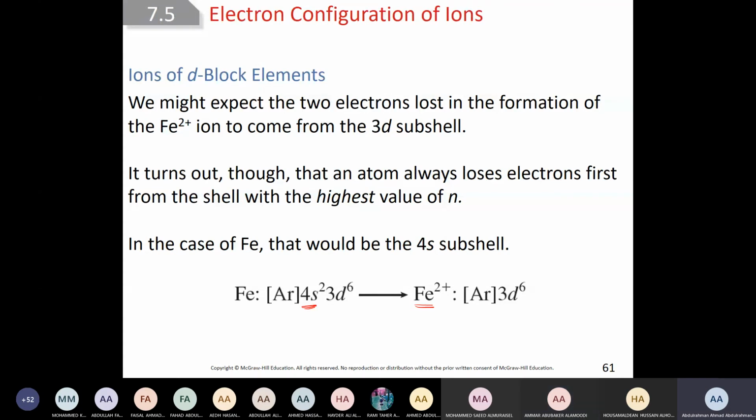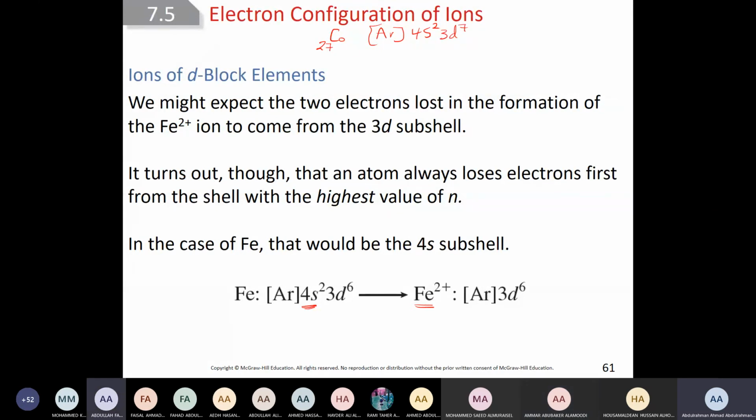Okay. Exactly. All right. So for example, let's have cobalt. What's cobalt? 27. What's the structure of cobalt? It's argon, 4s2, 3d7.